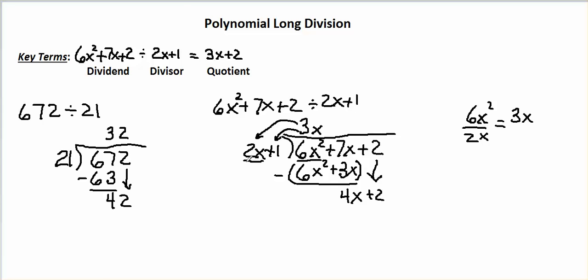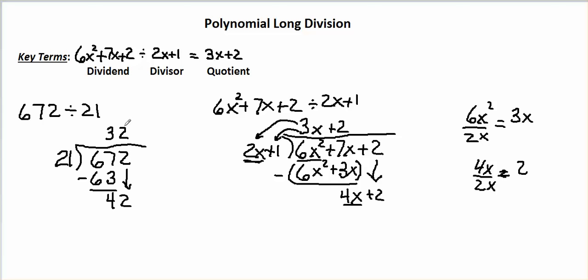We're going to take the first term of our divisor, 2x, and say, does 2x go into 4x? Well, let's see. 4x over 2x. If we simplify, 4 divided by 2 is 2, x divided by x is just 1. So 2 times 1 is 2. We're going to put a plus 2 up here.